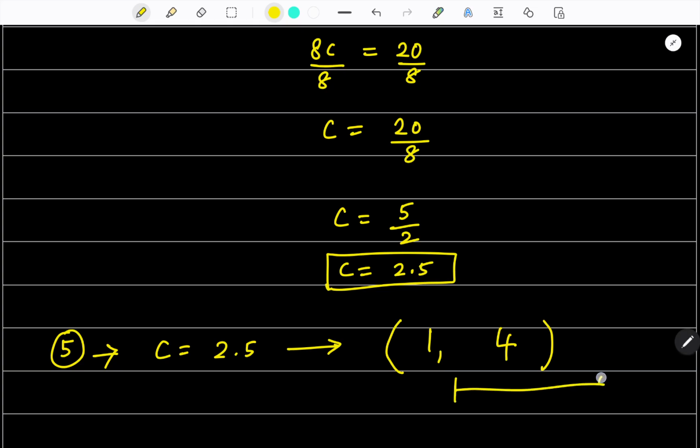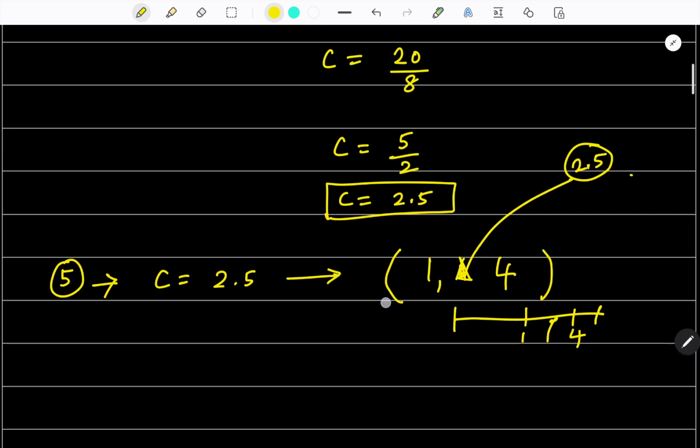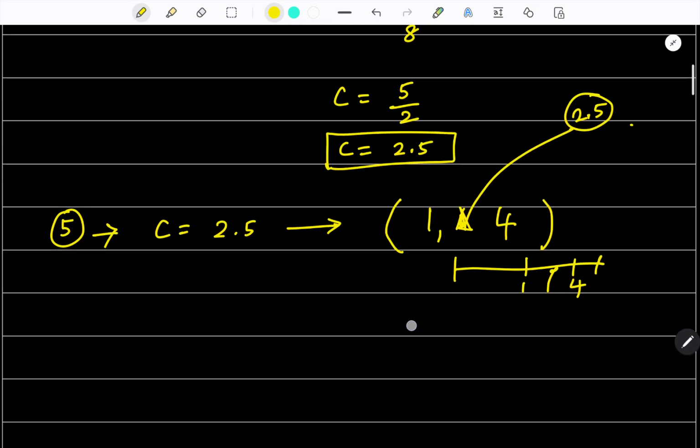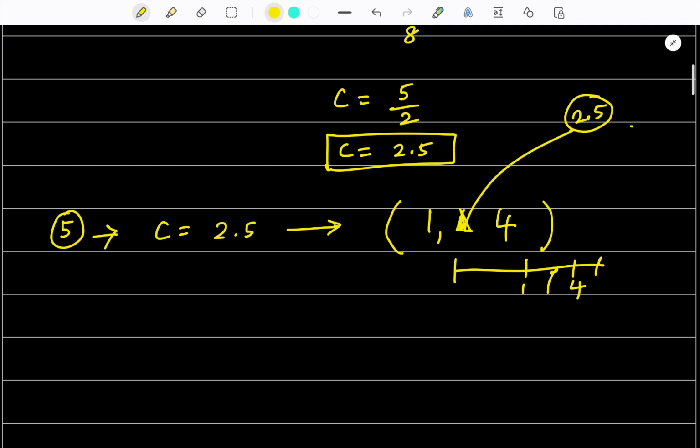Look here, this is 1 and this is 4. 2.5 is in the middle, right? So if it is in the middle, then what you are going to say? Which confirms Rolle's theorem is verified, or Rolle's theorem holds. You can say like that.